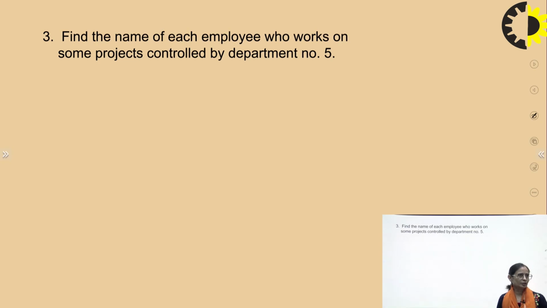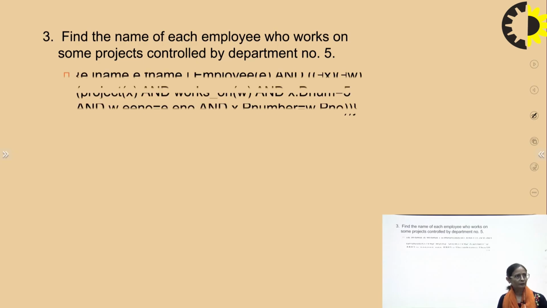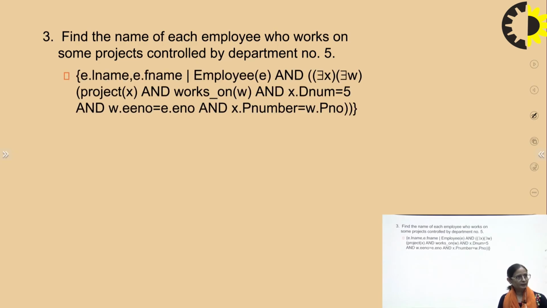Find the name of each employee who works on some projects controlled by department number 5. In this case, I need F name, L name. Again, these are going to be printed from my relation employee. So this becomes the range.